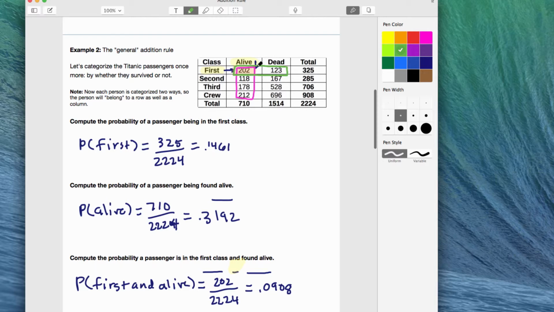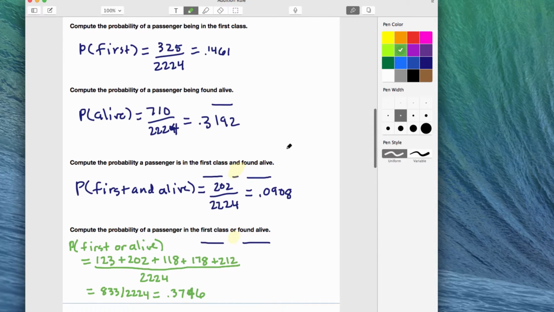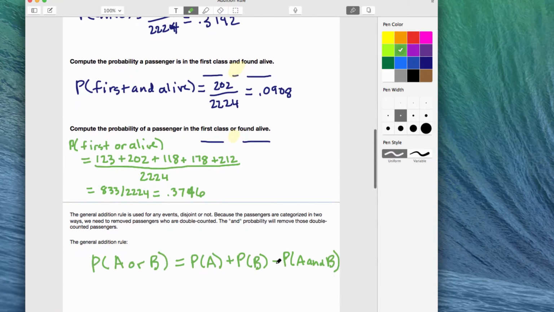See how the green and the pink overlap there with those 202 people that were counted as alive as well as in first class. If I tried to just add up 710 and 325 to find my OR probability, these 202 people were counted twice. So we remove the excess, and that is the AND probability down in our general addition rule. So we're removing the duplicates.